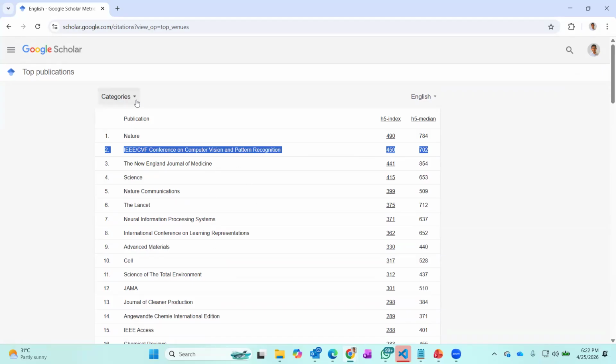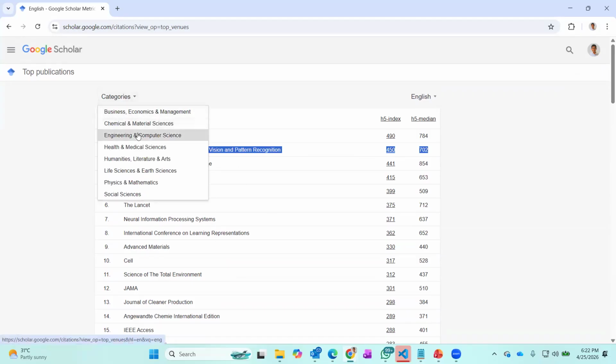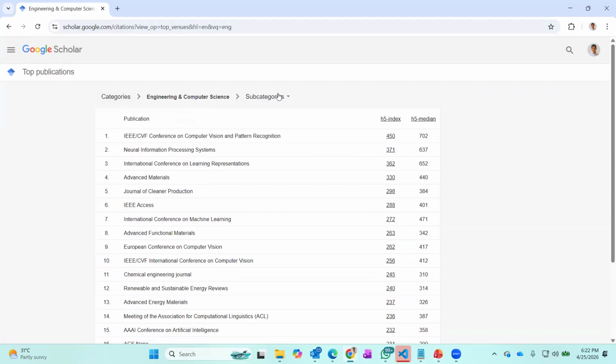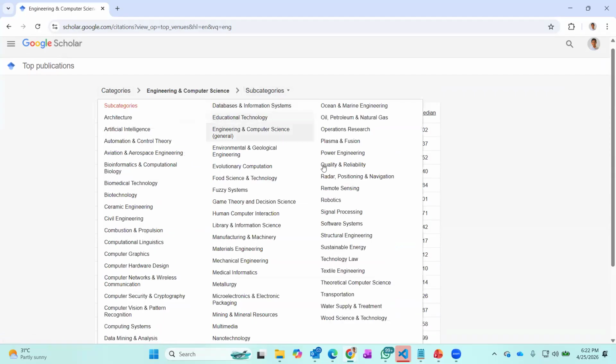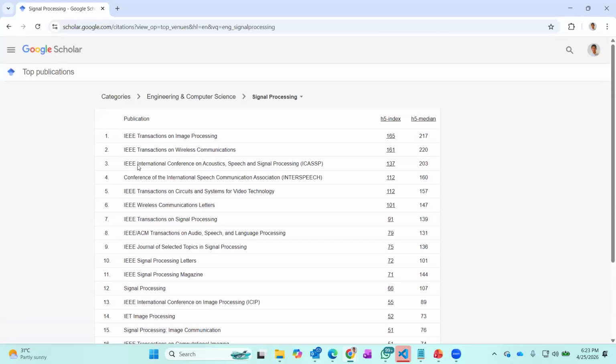So you go to the subfield, maybe engineering and computer science, and within that also there are subfields. Let's say your subfield is signal processing. These are the top publications. So the top 3, 4, these are very reliable.